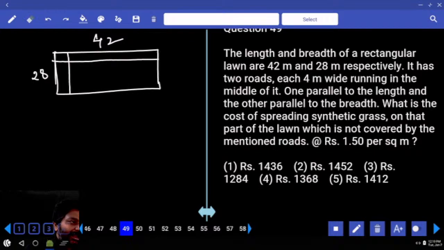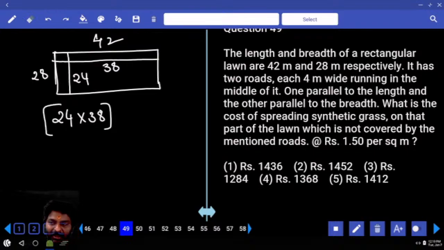Now we need the inner rectangle. Length becomes 42 minus 4, 38. Breadth becomes 28 minus 4, 24. Inner rectangle area is 24 into 38, and now we were asked to calculate the cost at the rate of 1.5 rupees.